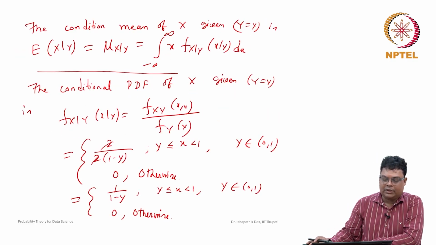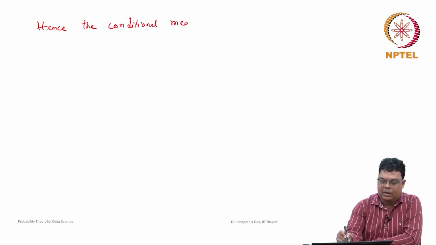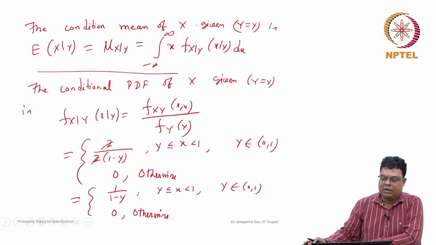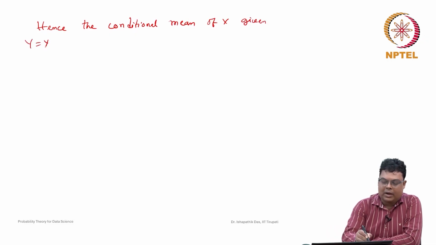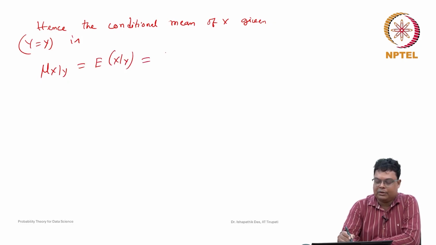So the conditional mean, the expected value of x given y equal to y, is mu of x given y. This is nothing but the integral from minus infinity to plus infinity of x times f of x given y, dx.